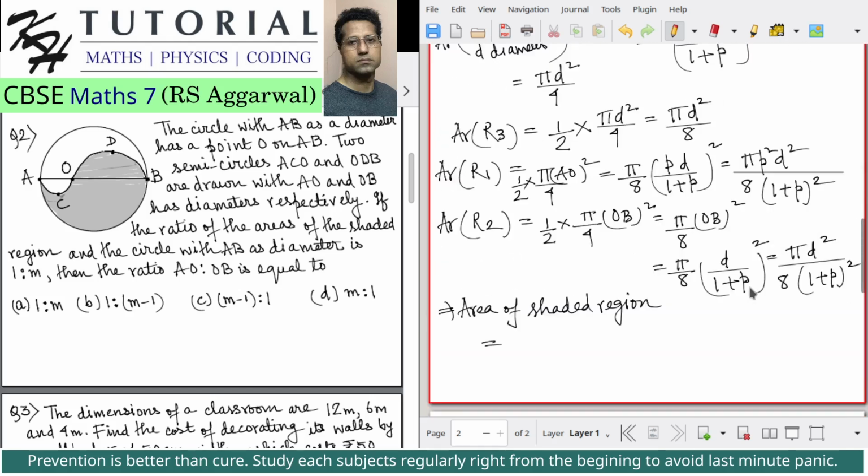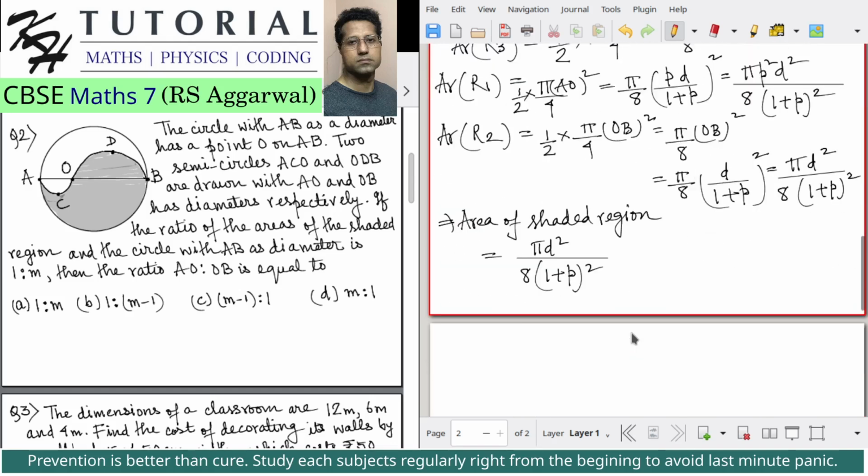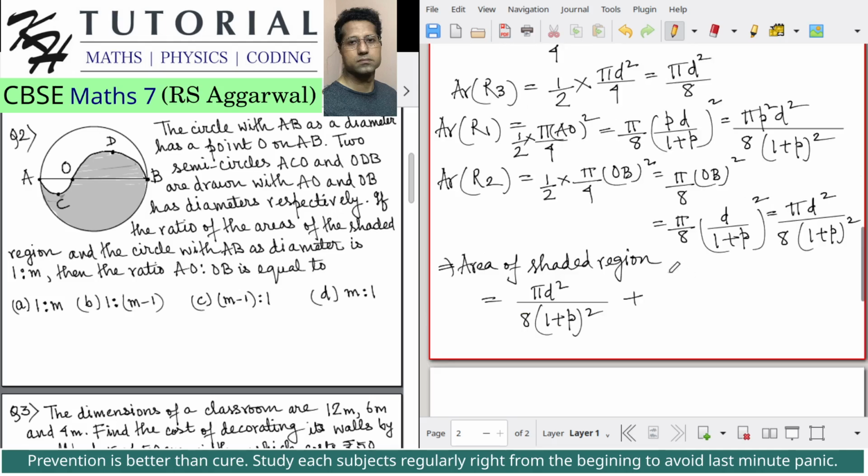So area of R2 is pi d square by 8 times 1 plus p whole square, and area of R3 is pi d square by 8, minus area of R1, which is pi p square d square by 8 times 1 plus p square. We have to simplify this.